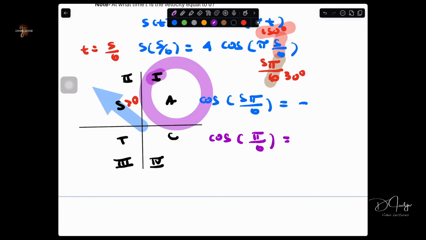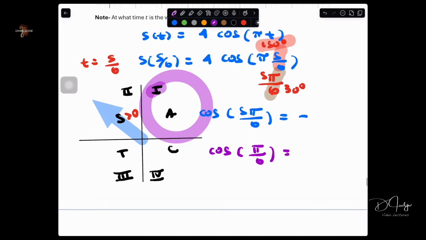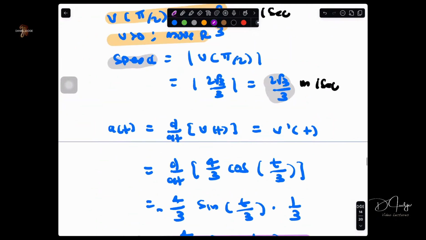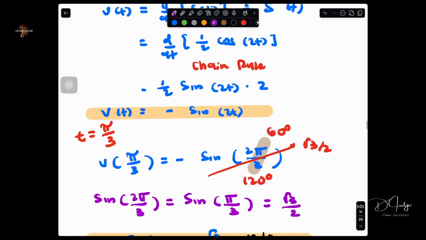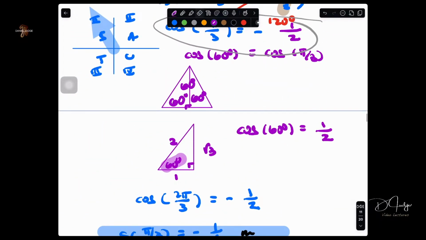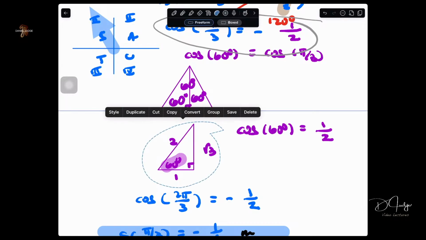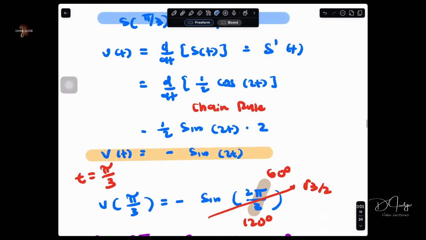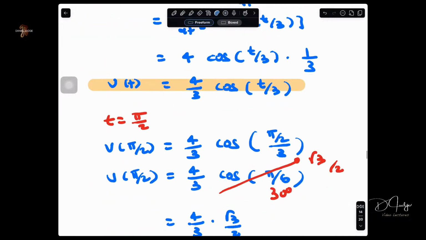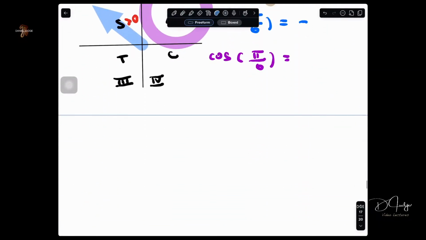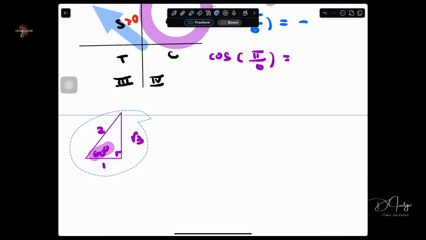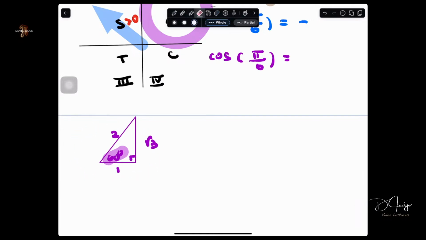We have to go back and remember our special triangle that we've been working with here. Okay, the 30, 60, 90. I'm going to copy this, bring it down. But the angle is 30 degrees now.